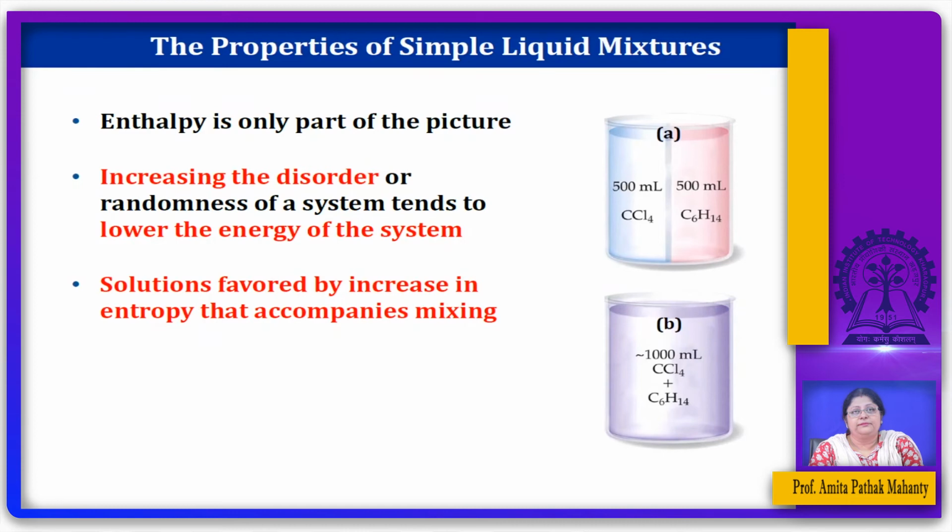Whatever is being spontaneously done is always guided by the entropy change associated. So if you have an increase in entropy, then the system energy is going to be lowered, right?